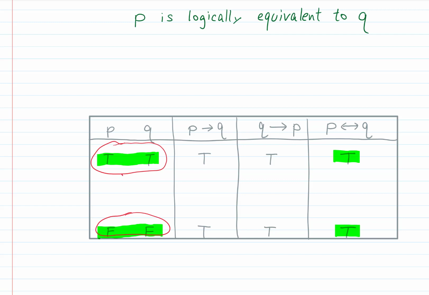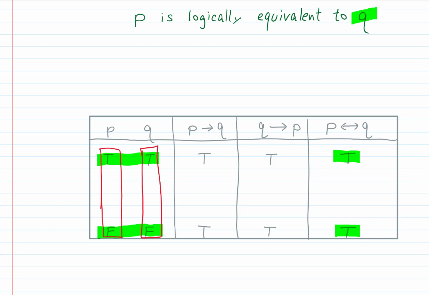Or here's another way of saying it. Compare this column with this column, and you see that they're the same. So if P, if and only if Q, is true, then the truth value for P matches the truth value for Q. And therefore, P is logically equivalent to Q. Okay? All right, that's it for today.